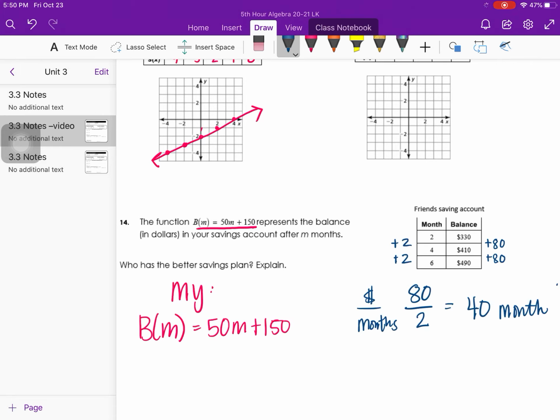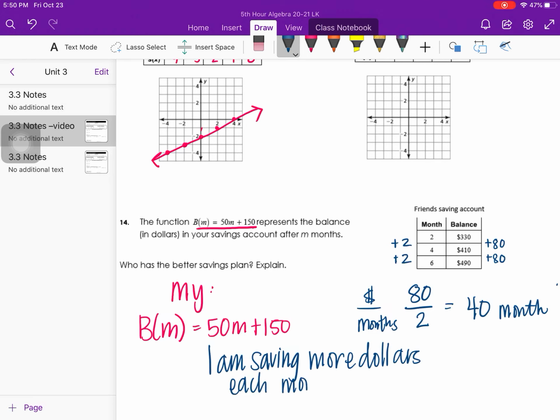Who has the better savings plan? I am saving more dollars each month. Go me.